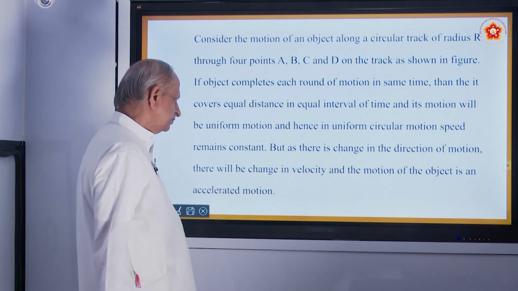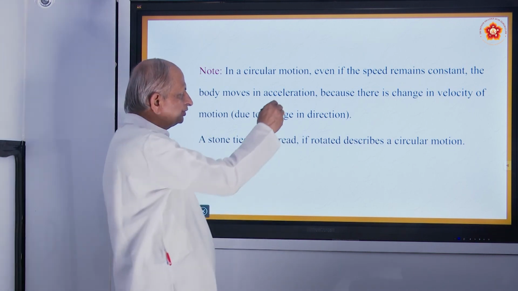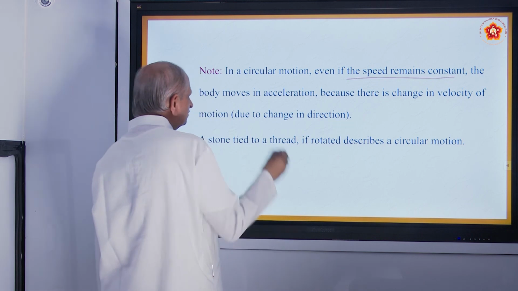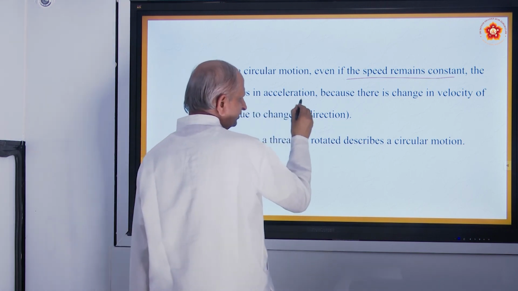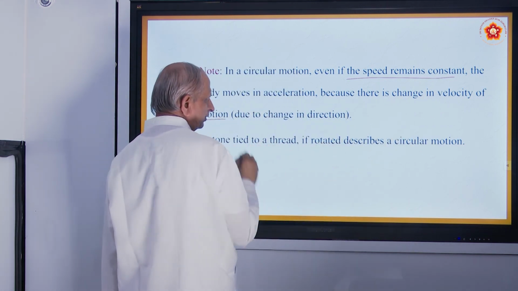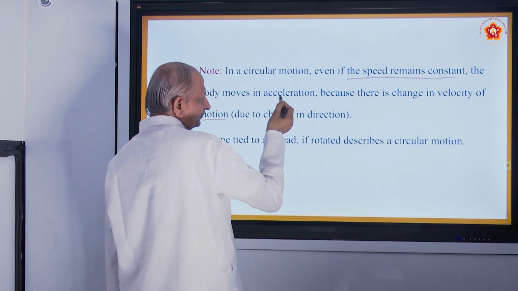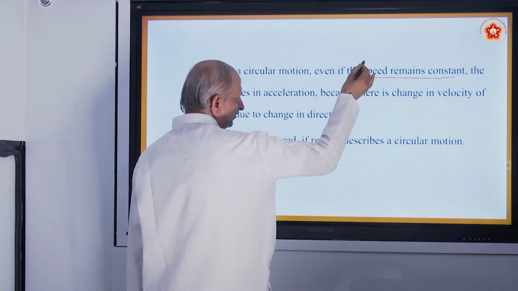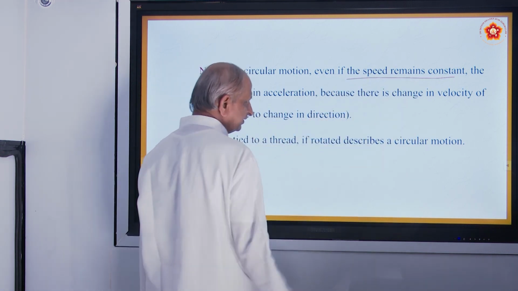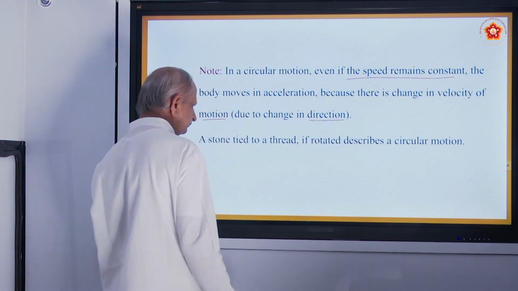Okay, and in circular motion, if the speed remains constant, the body moves with acceleration, a change in velocity of the motion, and therefore you can note that even if the speed remains the same, velocity changes because there is a change in direction.